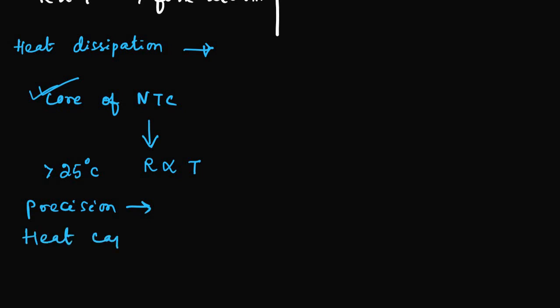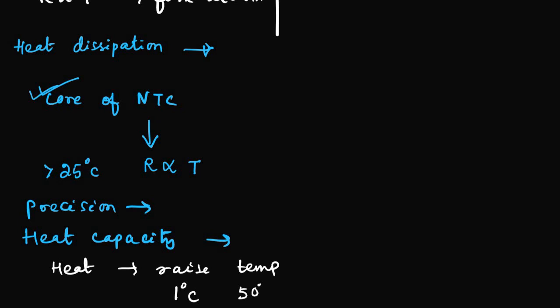Heat capacity is the heat required to raise the temperature through 1 degree Celsius. Okay, so what is basically the range of temperature? 50 degrees Celsius to 300 degrees Celsius. It is 50 to 300.